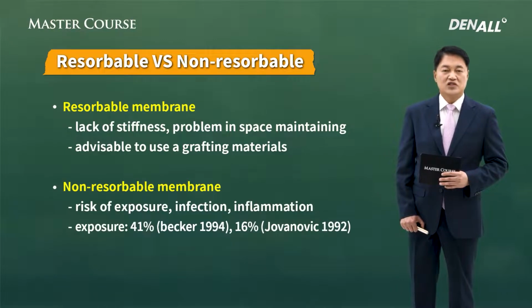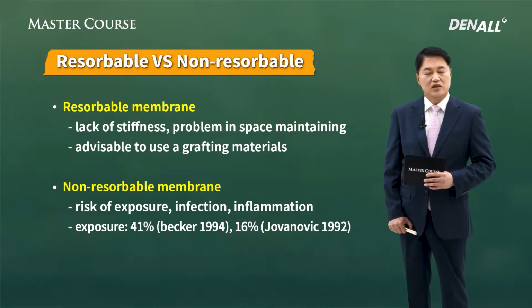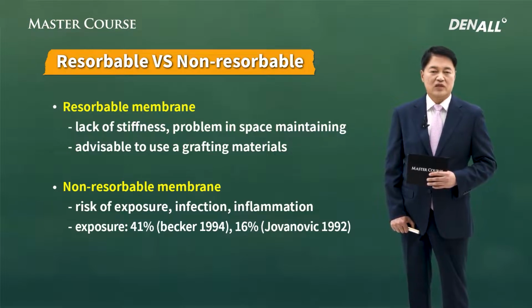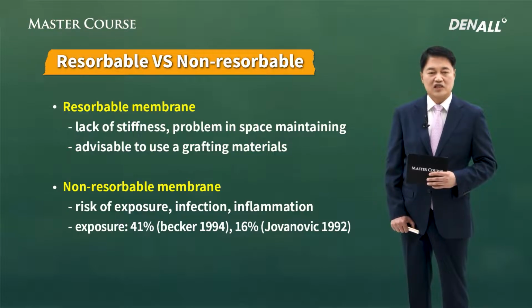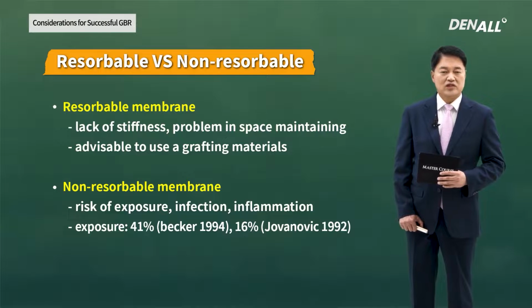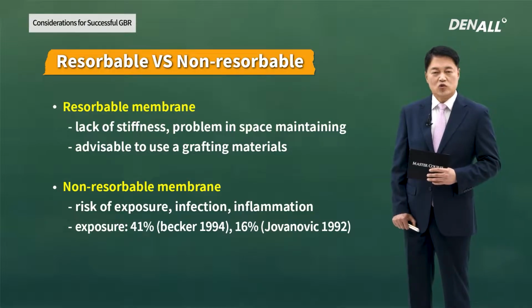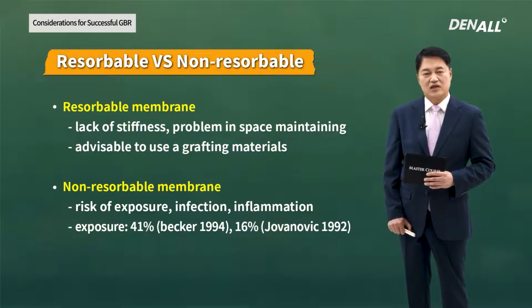Conversely, non-resorbable membrane has stiffness, so it can maintain space well, but biocompatibility is lacking and there is a risk of exposure, and it has the possibility of inflammation. According to literature, when you use non-resorbable membrane, the risk of exposure is 16% to 42%.